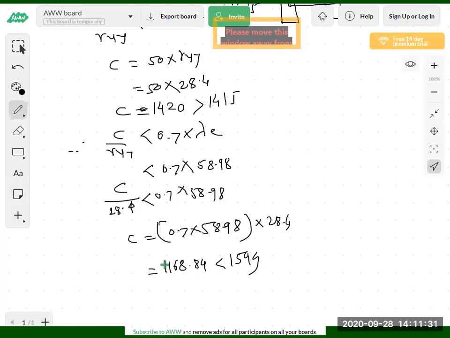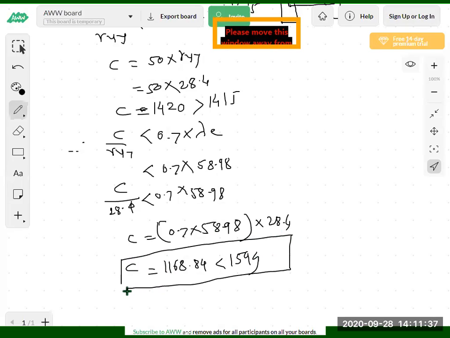So here we can use this value of C. This is correct now. This value we can use instead of this, so this condition will be satisfied. So here we can use 1168.84 less than 1594. First condition we have to satisfy; if not satisfied, then we have to go to this condition. So we can use this now. 1168 is less than 1415.